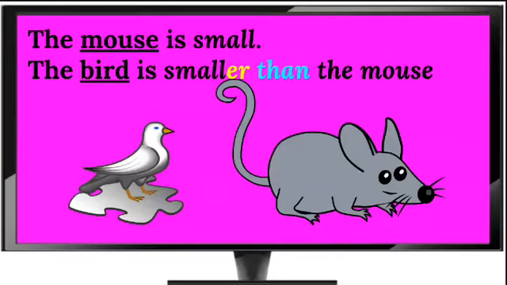So now we have two animals. And we have our sentence, the bird is smaller than the mouse. So here we have our ER added to that adjective small to show the comparative degree that we are comparing two things, two animals. And we usually use the word than after our comparative degree of adjective. So we have smaller than.